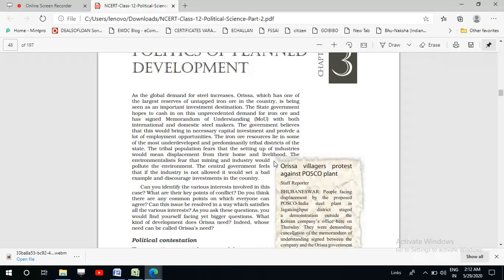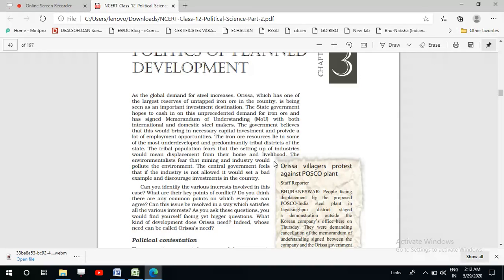So, in the view of the Odisha government, this is development. Whatever is done by the Odisha government, it is doing for the purpose of development only.